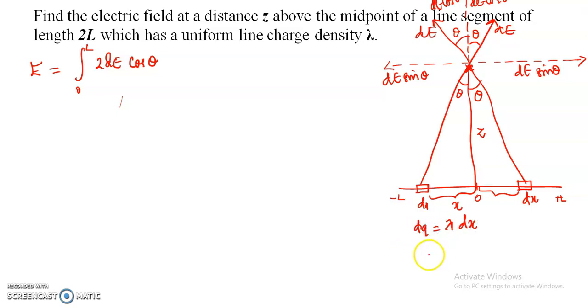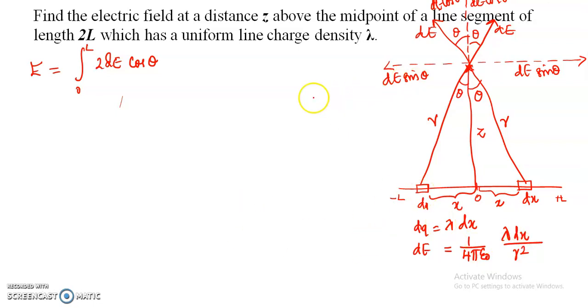So its contribution to the electric field, dE, equals 1 by 4 pi epsilon 0 times lambda dx divided by distance squared. Here we mark this distance as r. So it is 1 by 4 pi epsilon 0 lambda dx divided by r squared.